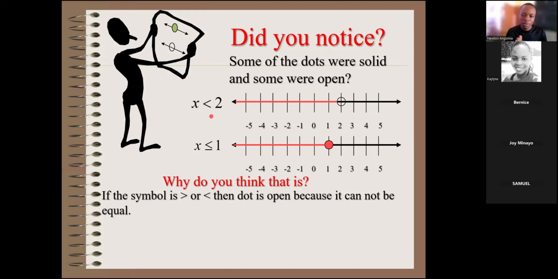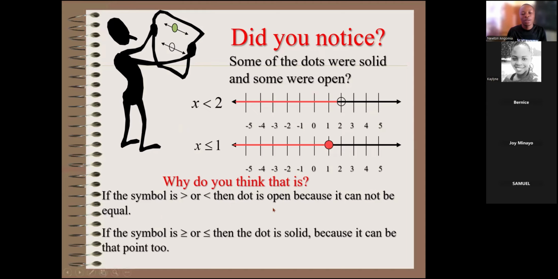If it is moving to the right, then it means your quantity is greater than the value you are starting from. Then if it's shaded, then it means it's greater than or equal to, or less than or equal to. That is what you need to put in mind.